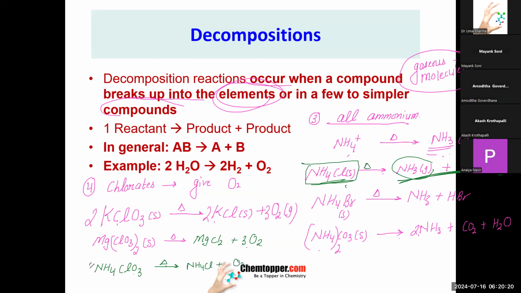If you balance the equation, you have to put 2 here, 2 here, 3 here. Then this ammonium chloride further undergo decomposition to give you 2 ammonia, 2 hydrochloric acid, and 3 O2.